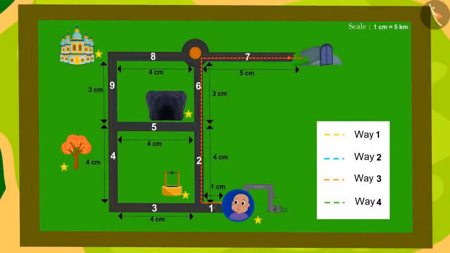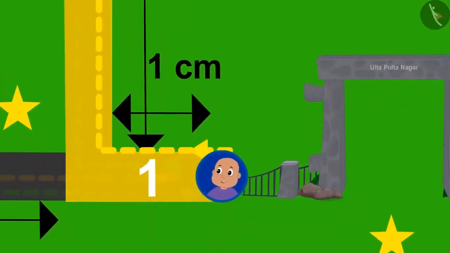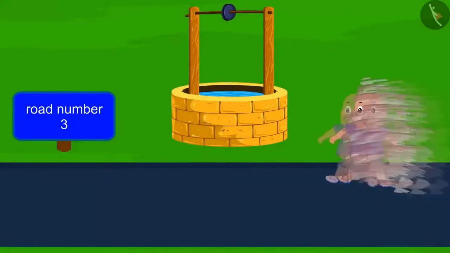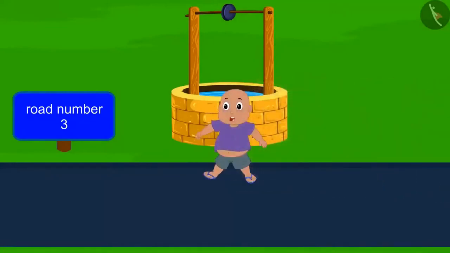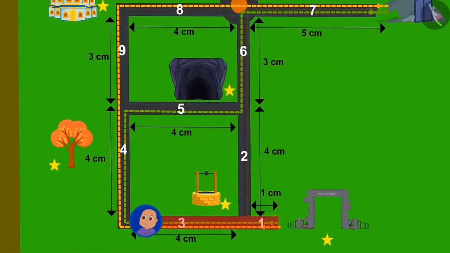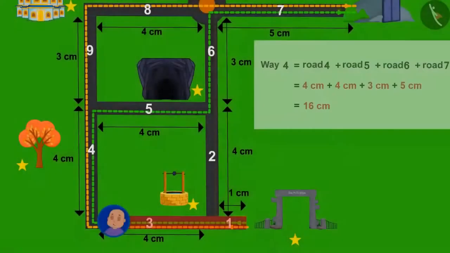Bablu was going towards the shortest path mentioned by us when suddenly he was pulled towards road number 3 towards the magical well. Now if Bablu has 2 exit routes, are these 2 paths at equal distance? Find an answer to this question by pausing the video.